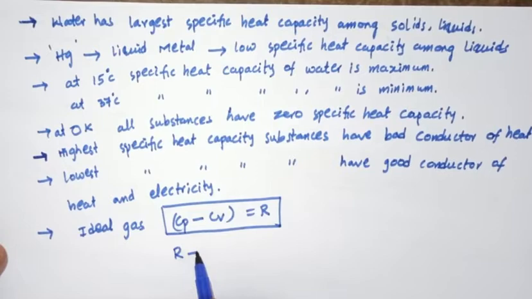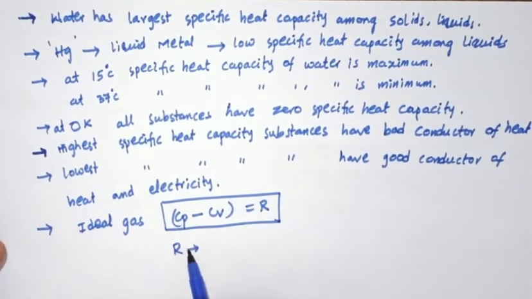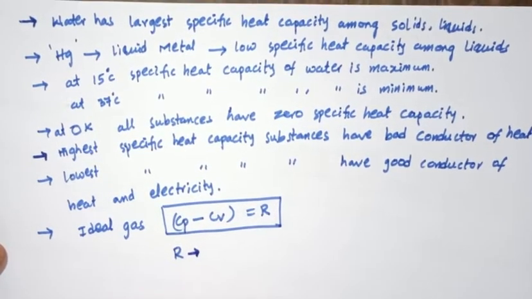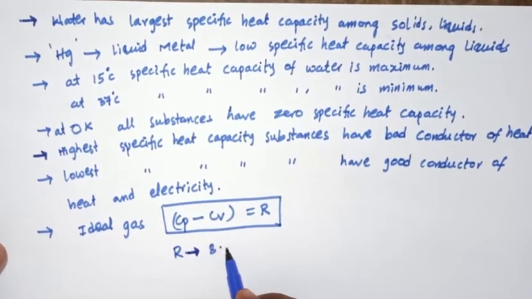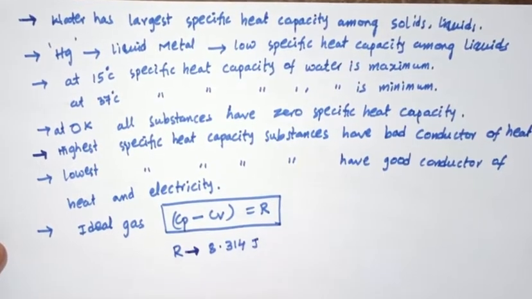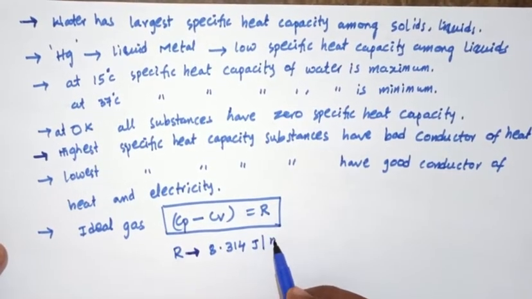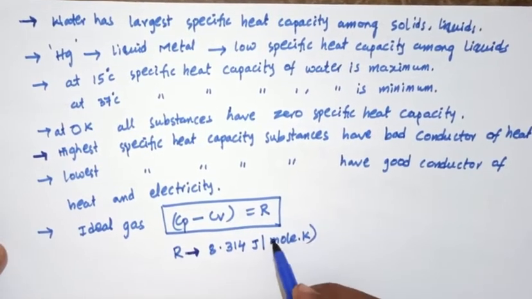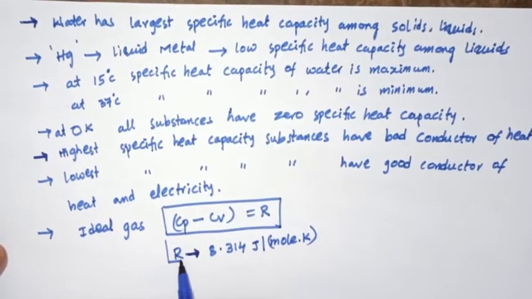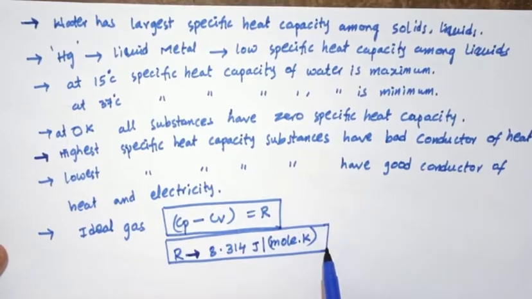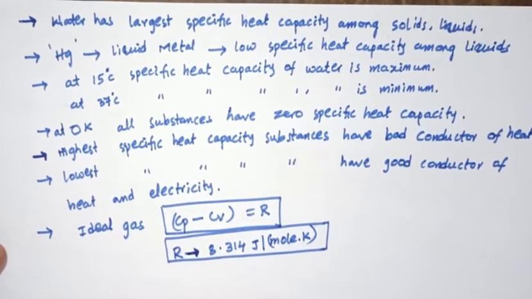Here R is the gas constant, R equals 8.314 joule per mole per Kelvin.